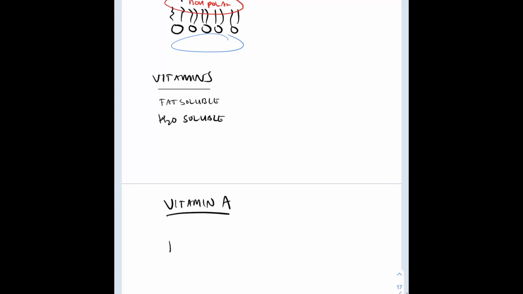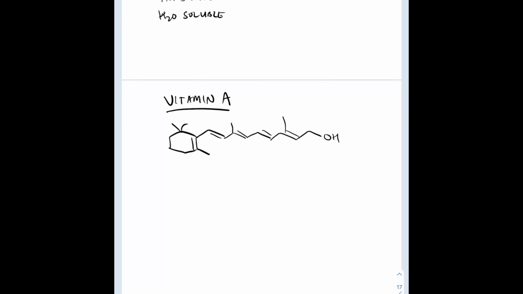And so vitamin A looks like this. We've got a cool structure, right? All right, cool.